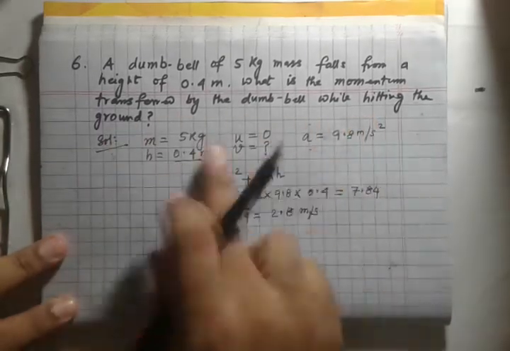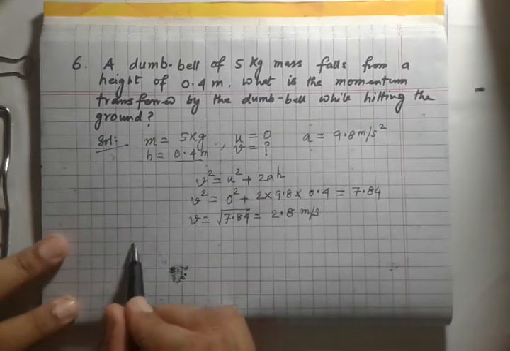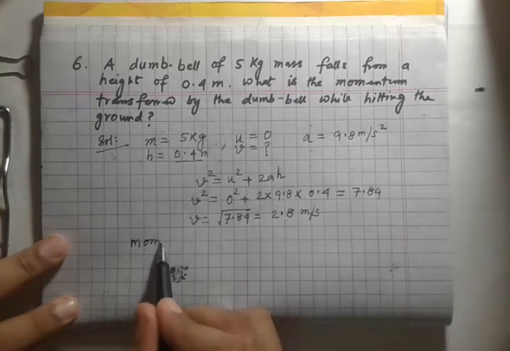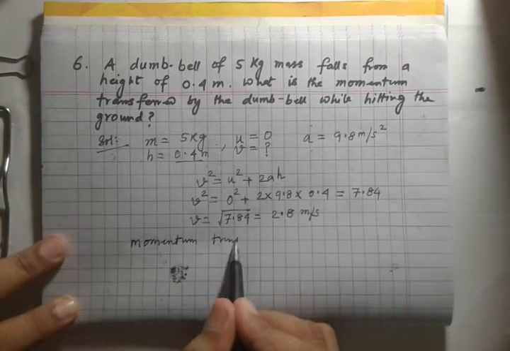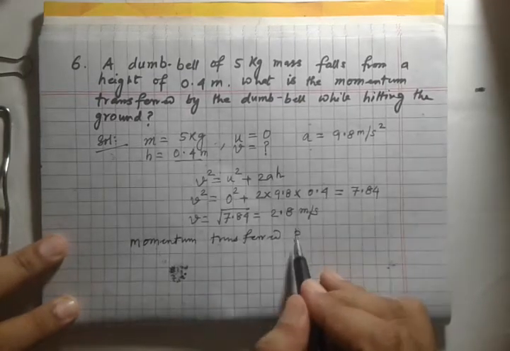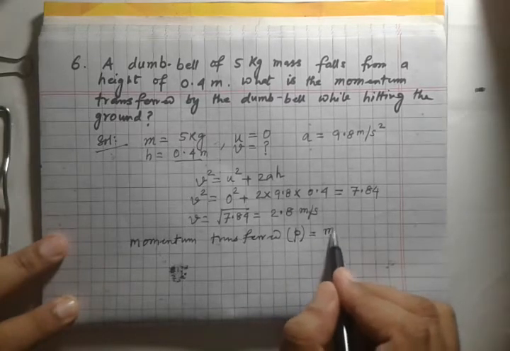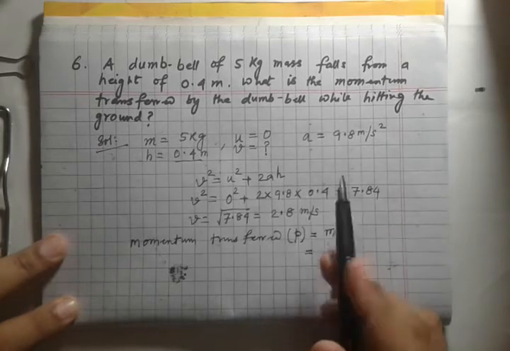Now we have to find out the momentum. So momentum transferred. Momentum is known as p is equal to mass into velocity. Mass is how much given? 5 kg.